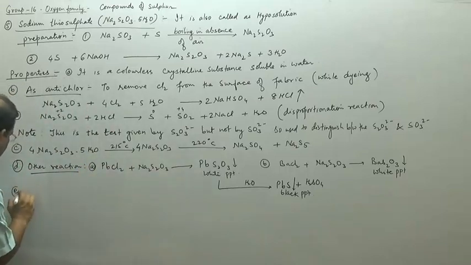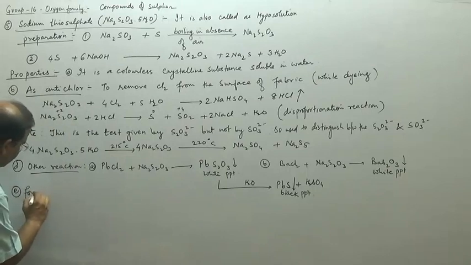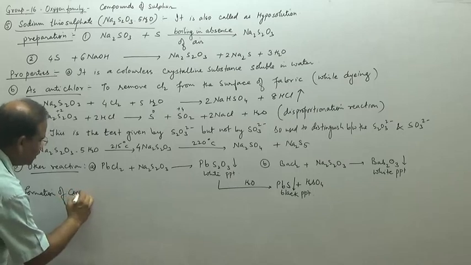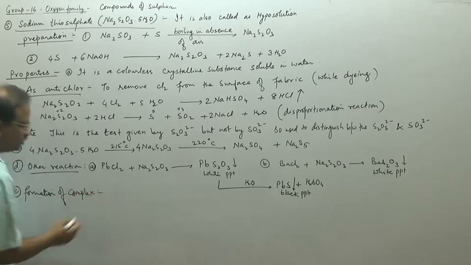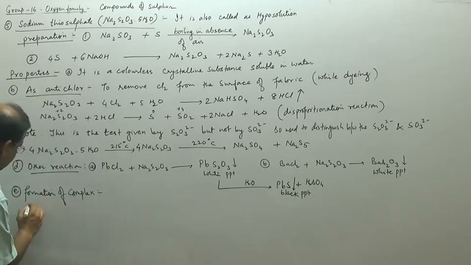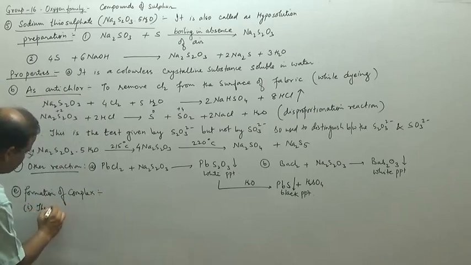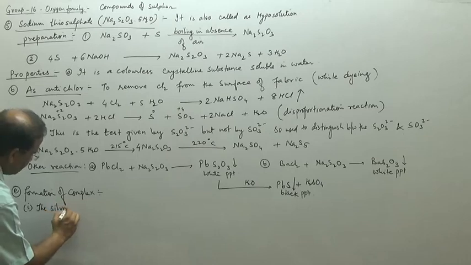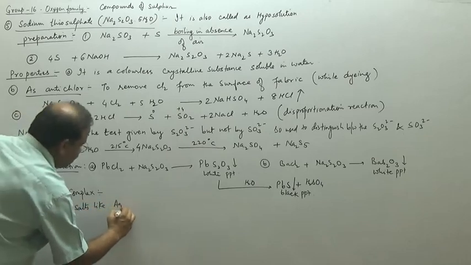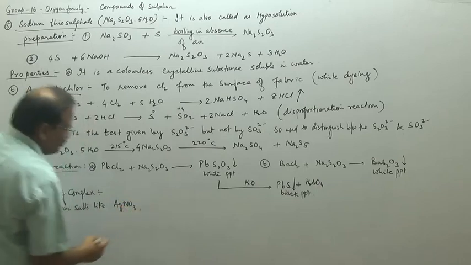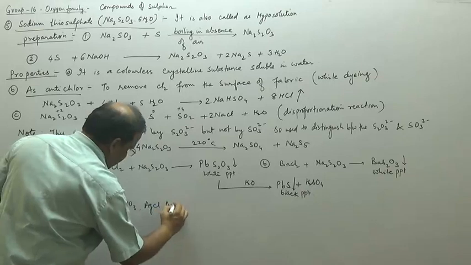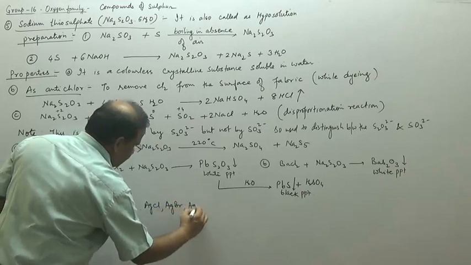Then formation of complex. We read that formation of complex, with silver salts like AgNO3, AgCl, AgBr, AgI.